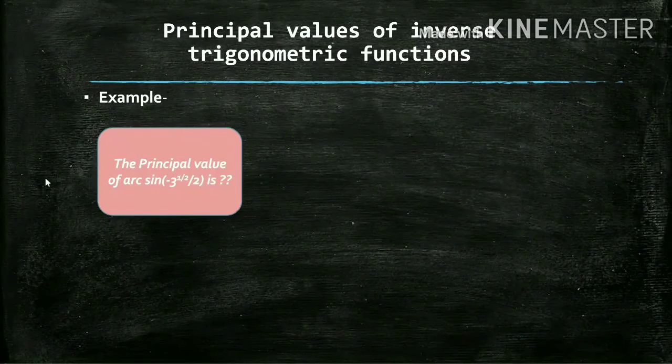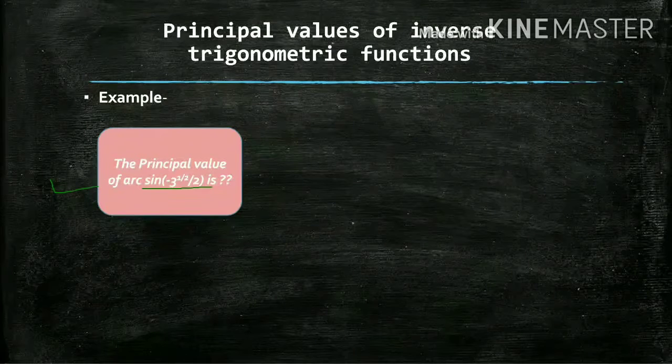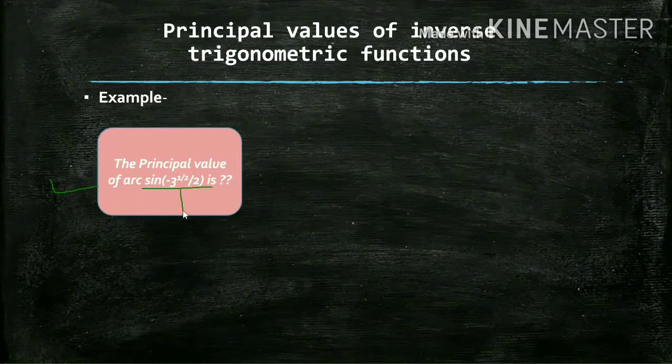Suppose I have to find the principal value of arc sine of minus root 3 by 2. Before finding, you need to check whether it is defined or not. Minus root 3 by 2 lies in the closed interval minus 1 comma 1.